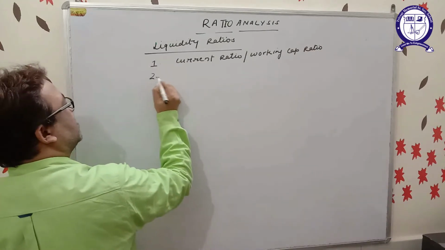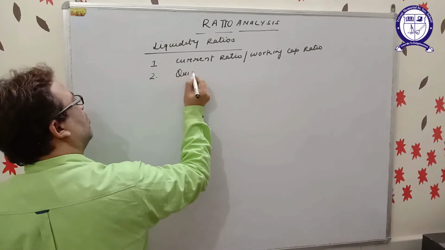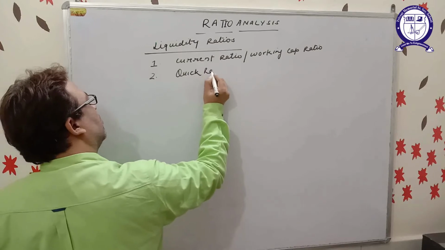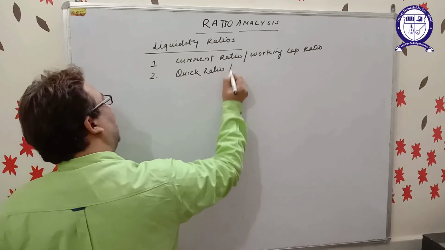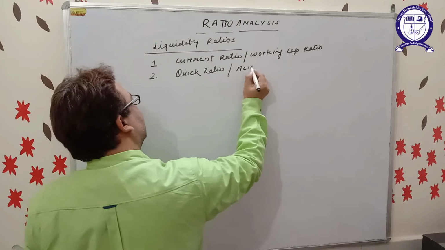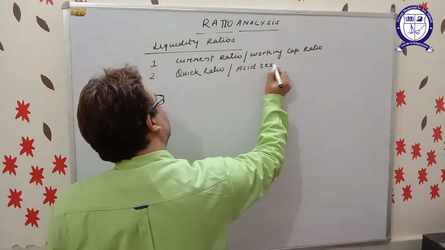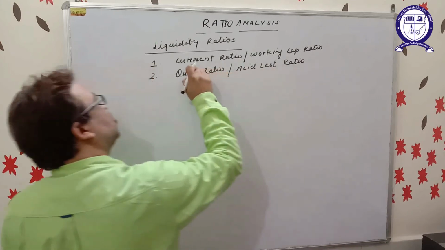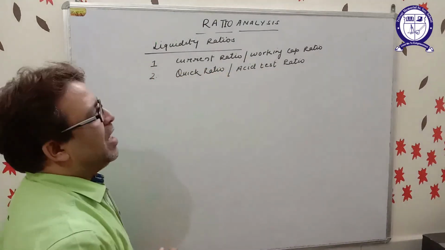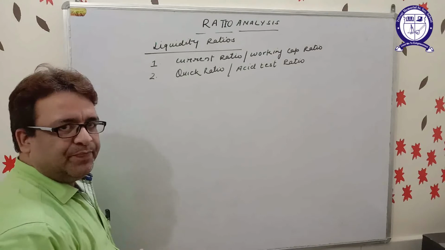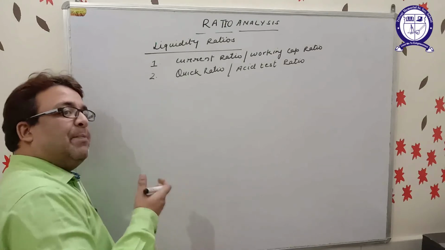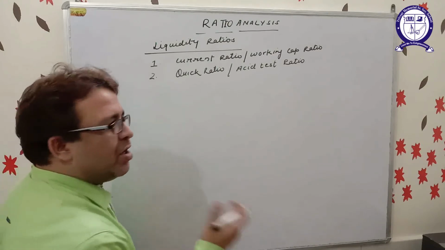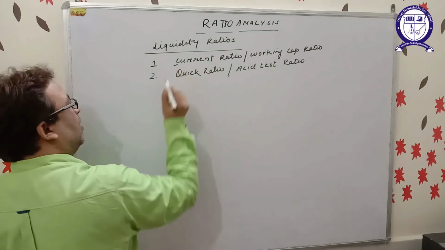And second one is quick ratio, also known as acid test ratio. These two ratios are used to check the liquid position of the company, whether the company is able to meet its current liabilities or not. First of all, current ratio.